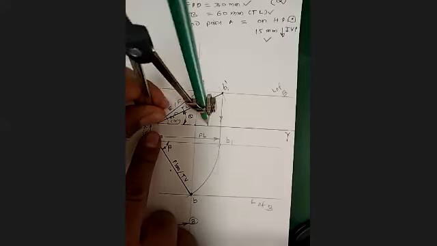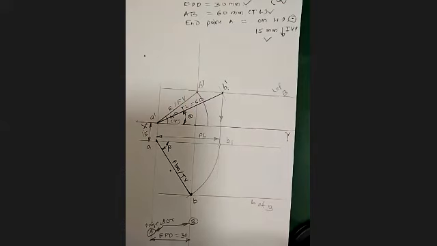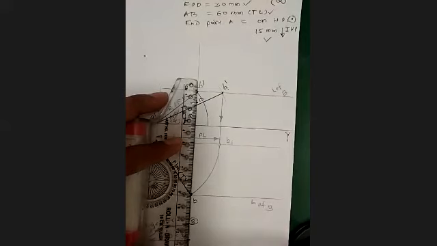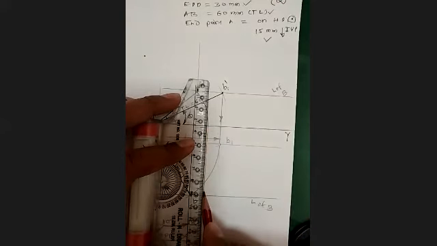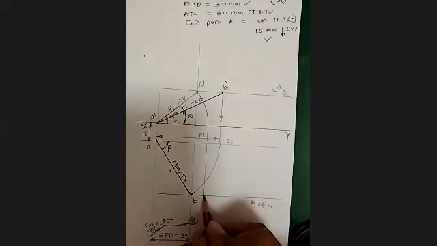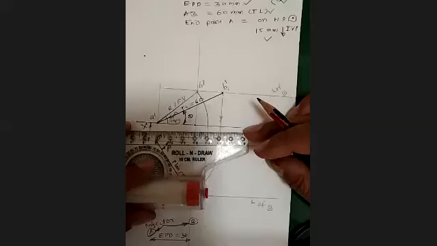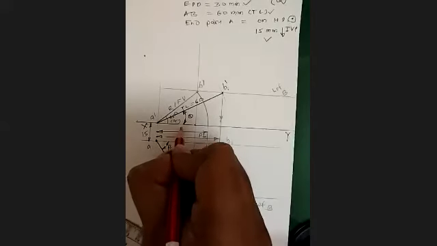So taking this arc and reaching to this is going to give the point, and from where I will take the projections downward. You can cross check your answer, whether you are getting this distance as 60 or not, and this is going to be the EL distance, right? This will be the EL.